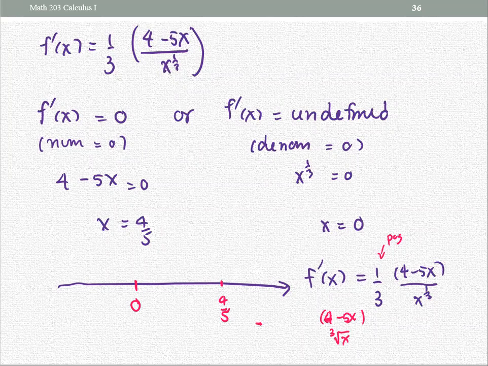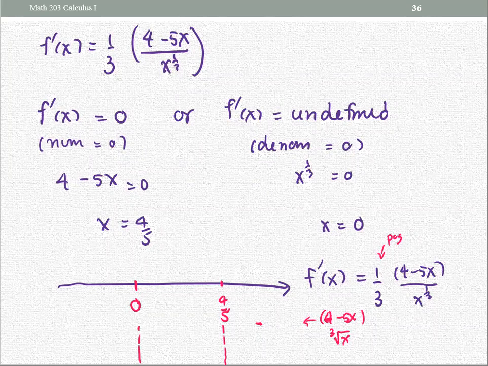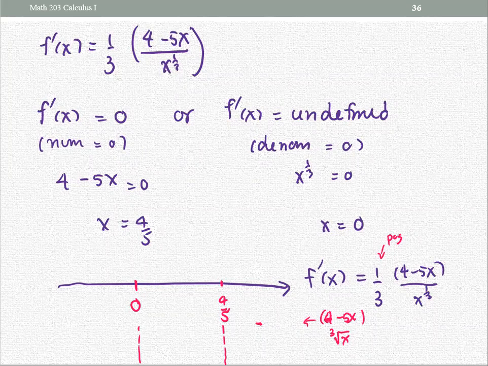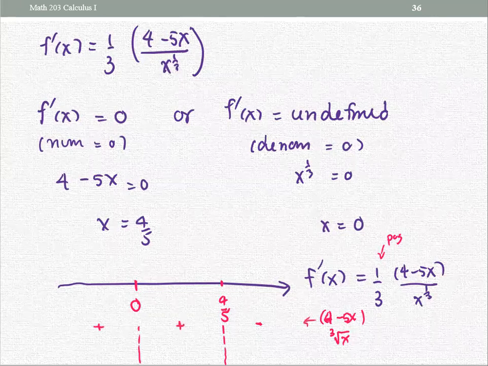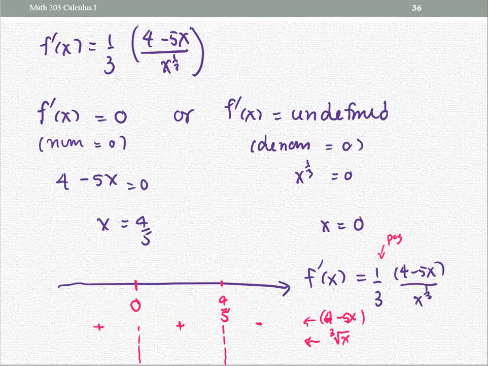So a number greater than 4 over 5 makes this factor negative, and a number lower than 4 over 5, for example negative or even 2 over 5, makes it positive. Similarly for the cube root, the sign depends on the radicand, the number underneath the cube root.